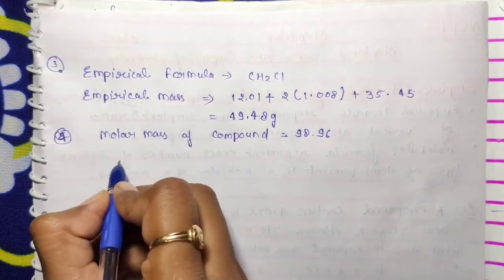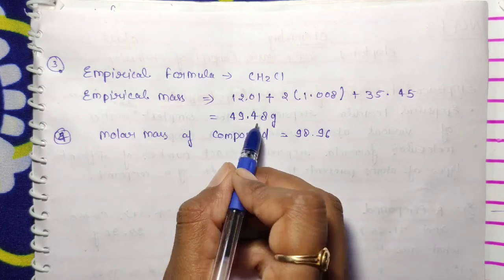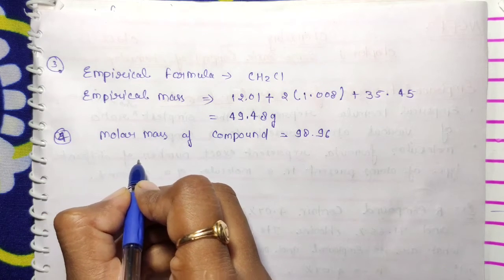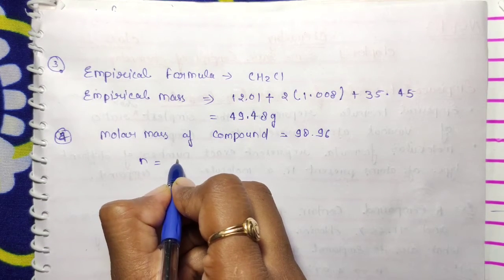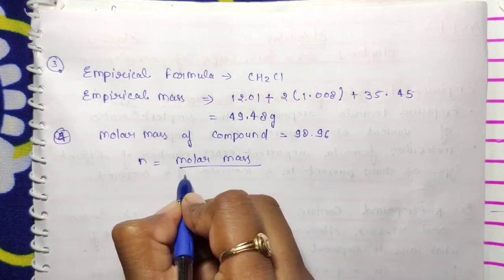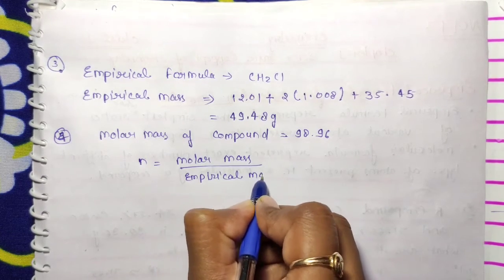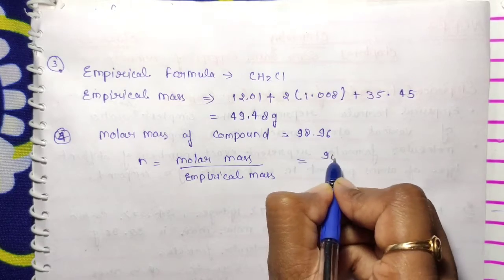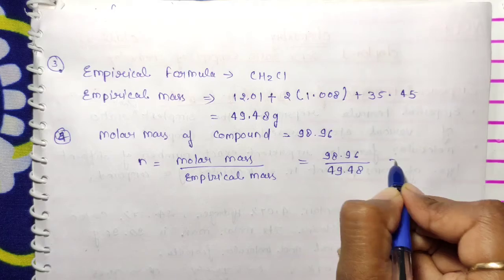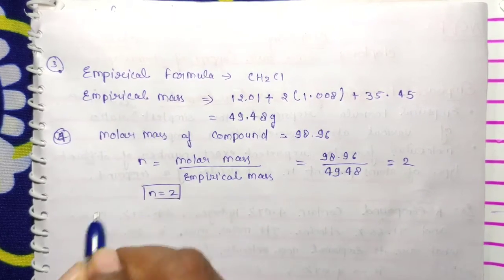In this step, we will divide this molar mass of compound by empirical mass for getting value of n. Molar mass of compound divided by empirical mass, 98.96 divided by 49.48. We will get 2. Value of n equals 2.